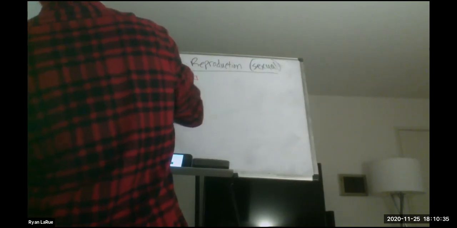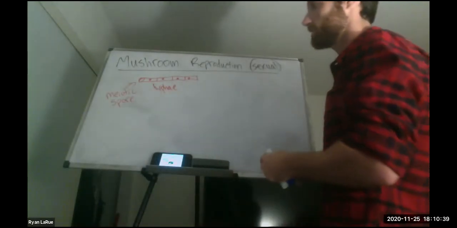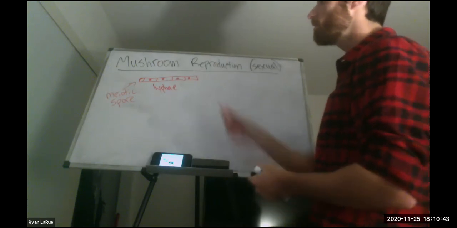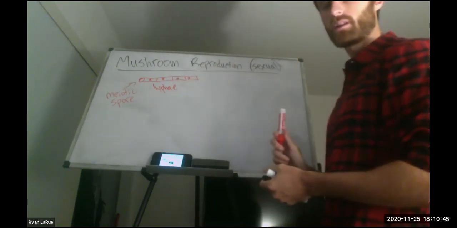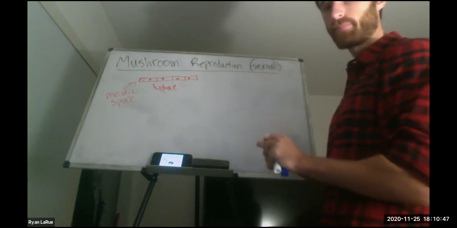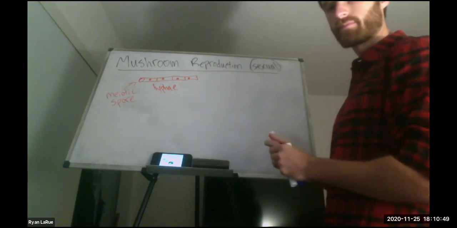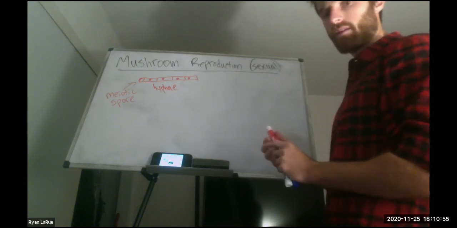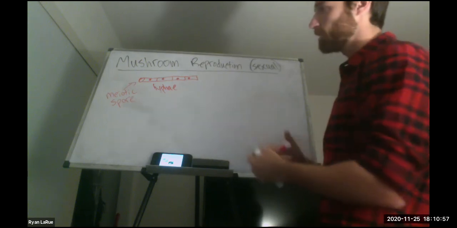And what that means, if these spores are made by meiosis, when we learned about meiosis, we learned that these nuclei are haploid or diploid. Remember, this is sexual reproduction.